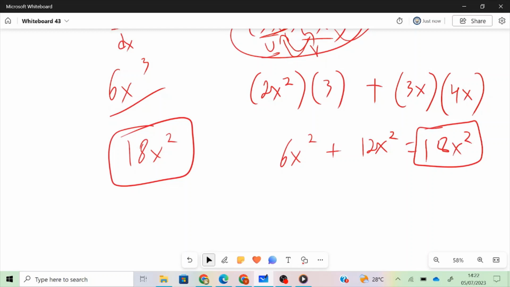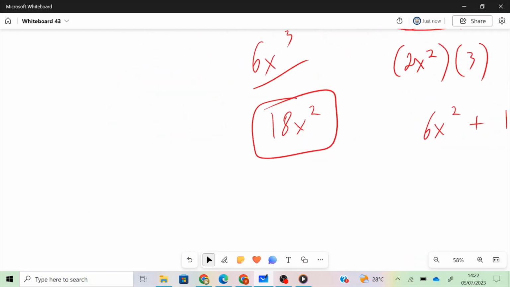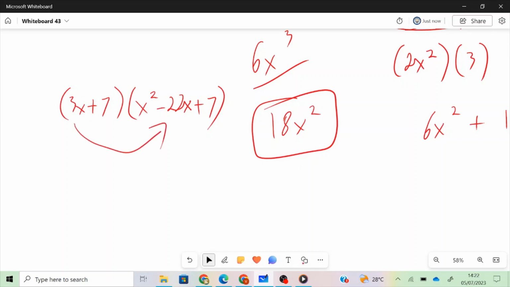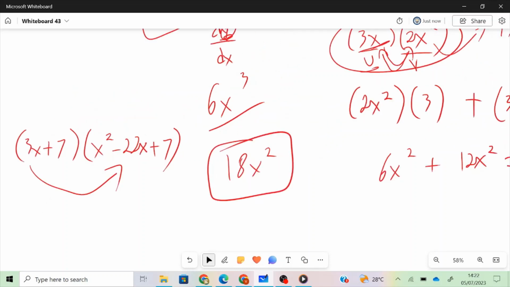If you have larger functions, for example 3x plus 7 into maybe x squared minus 22x plus 7, just an example, it would take a whole lot of time to expand the brackets, collect like terms, and then differentiate everything. That would take a lot more than if you just use the product rule.